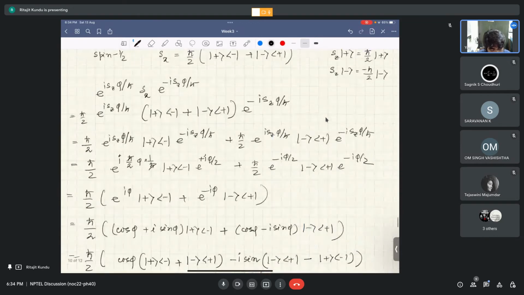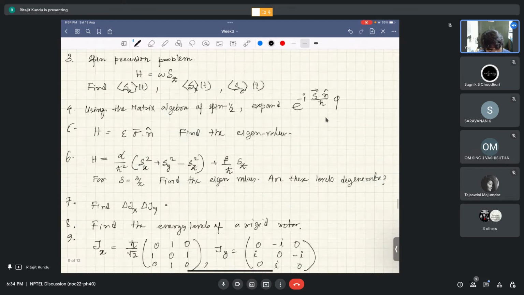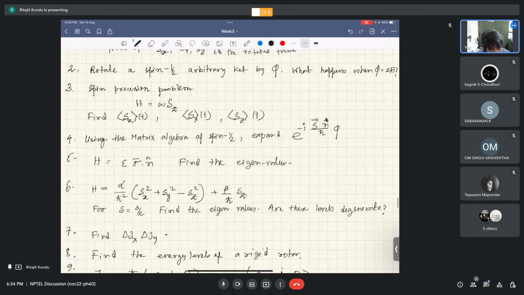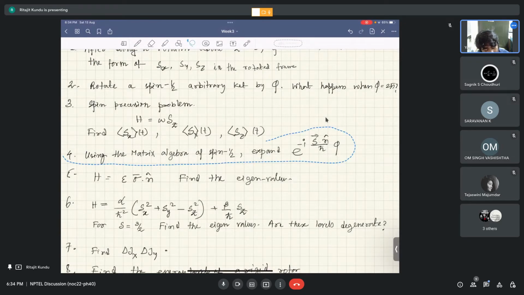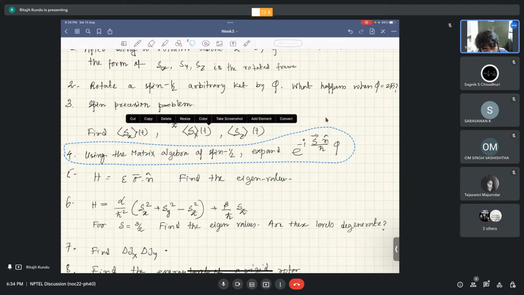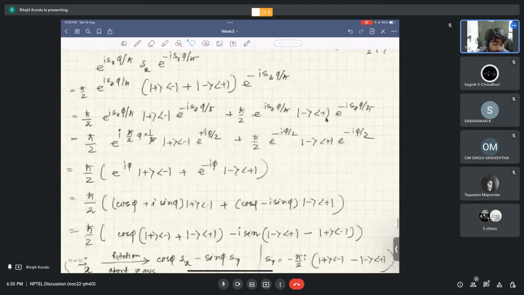Okay, let's look at something else. This is a general kind of rotation operator.